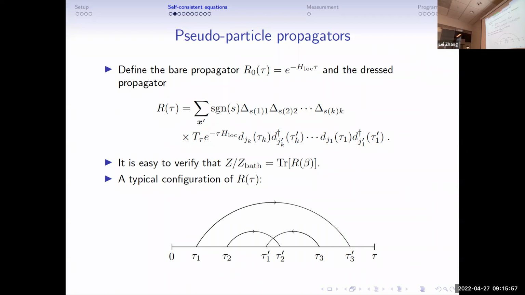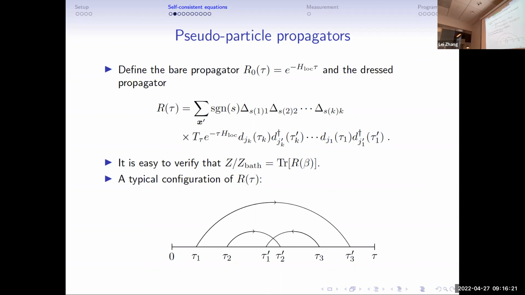The bare propagator equals e to the minus H tau. The full propagator's expression is very similar to the hybridization expansion of the partition function. The only difference is we remove the trace. If you take the trace, you recover the partition function immediately.